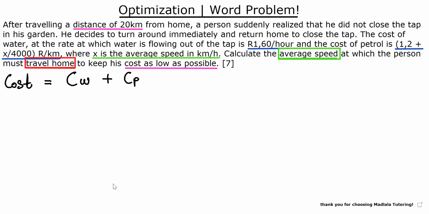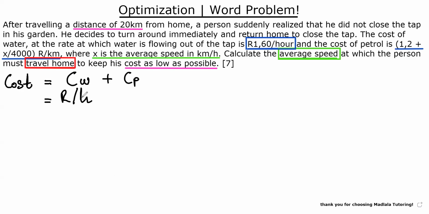But now here you realize the most important thing. It's the fact that we are given the cost as a rate. So for this one is the cost per hour, right? So in simpler terms, we can just say this cost is expressed in rands per hour.